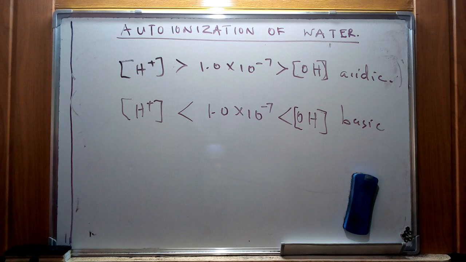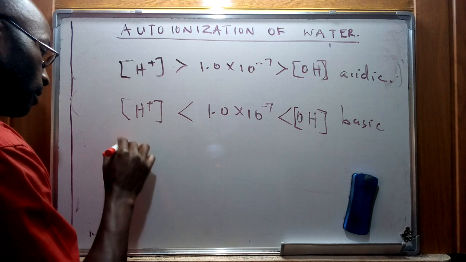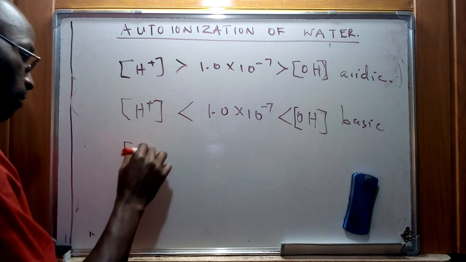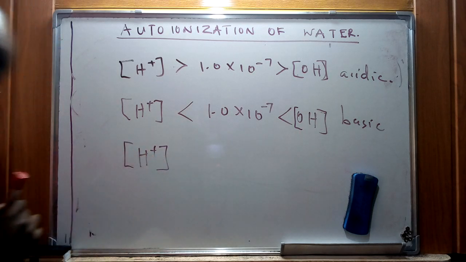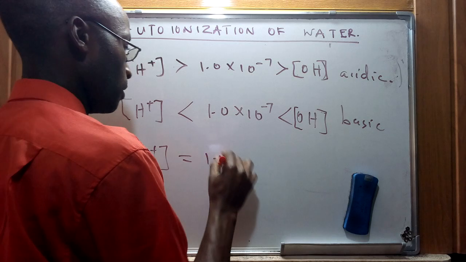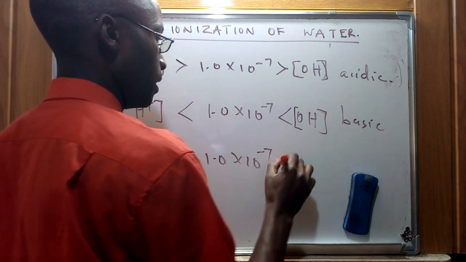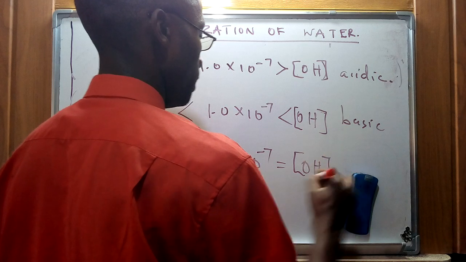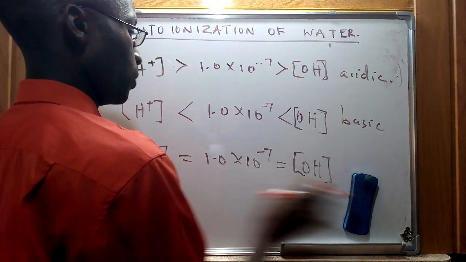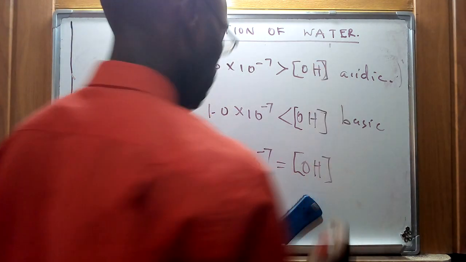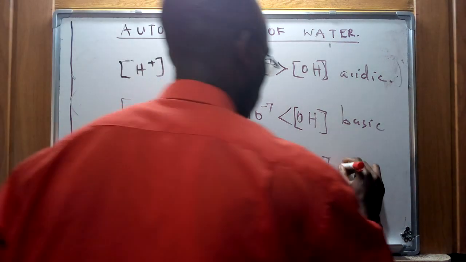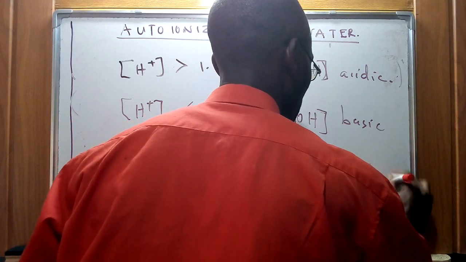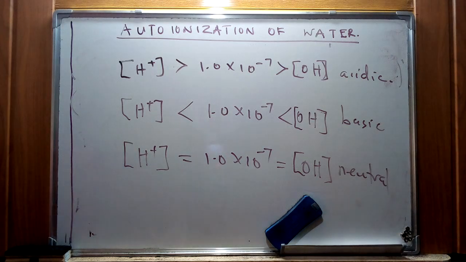We are just using equality and inequality signs to summarize what we have discussed. But if we have a concentration of H positive equivalent to 1.0 times 10 negative 7, which is equivalent to the OH group, this depicts the mole ratio of 1 to 1 that we mentioned, and therefore it is referred to as a neutral substance.